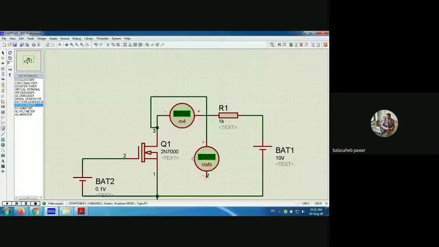Whatever voltage it measures will be VDS, and whatever DC source is applied to the drain is known as VDD. So this battery 1 is acting as VDD, and whatever this voltmeter measures will be equal to VDS, right? So see, as the transistor is in the off state, it is acting as an open switch.